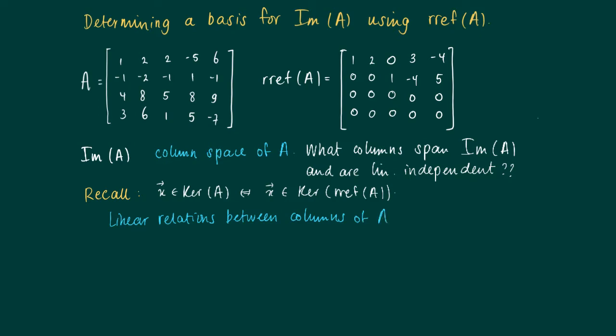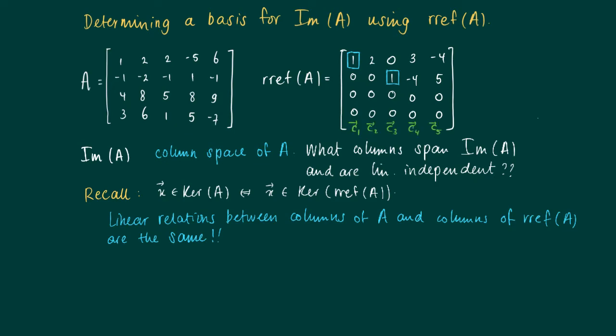Since non-trivial relations are non-trivial elements in the kernel of A, which therefore also should belong to the kernel of the reduced row echelon form of A, and vice versa. So if you find a linear relation between columns in the reduced row echelon form, then we also have one for A.